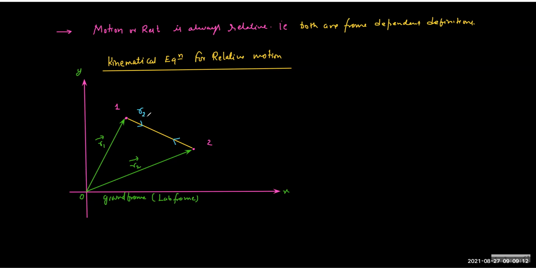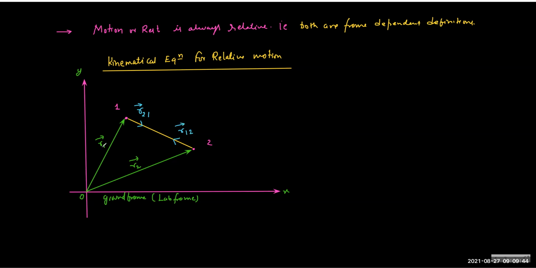But who is saying this? One. Now the origin is not involved, so we need to explicitly mention who is saying this. So we write R21. The comma is not a nice way of writing, so we just write R21. And we need to realize that this is the position vector of 2 as observed by particle 1. Now we can say the same for the other arrow: this is the position vector of 1, and who is saying this? Two.